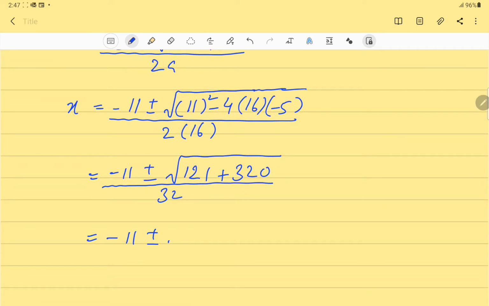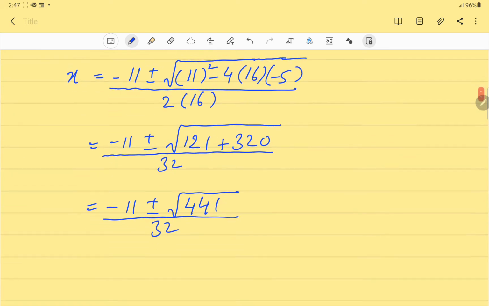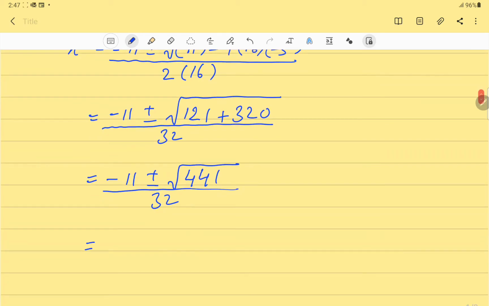Minus 11 plus minus square root of 441 over 32. So minus 11 plus minus square root of 441, which is 21, over 32.